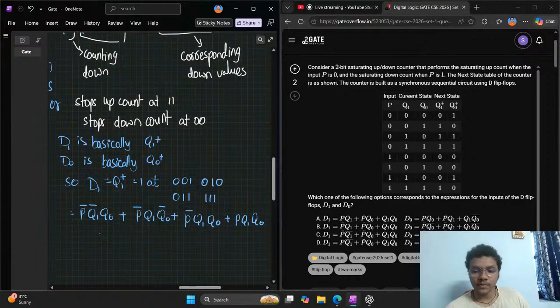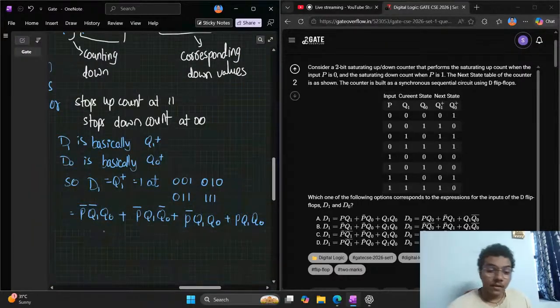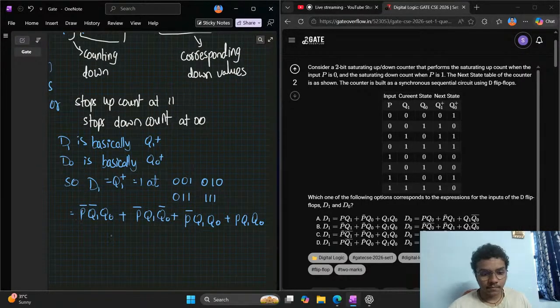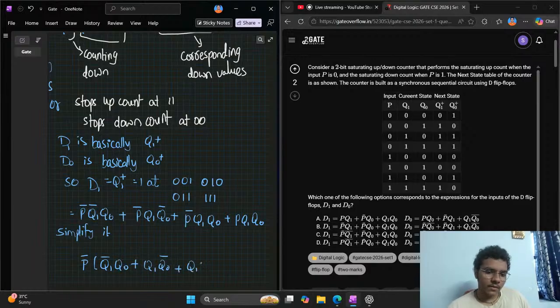And now you are supposed to simplify this one. How are you going to simplify it? Do we have any common terms over here? The first intuition that I will get is if you take P bar common here, Q1 bar Q0 plus Q1 Q0 bar plus Q1 Q0 plus P Q1 Q0.